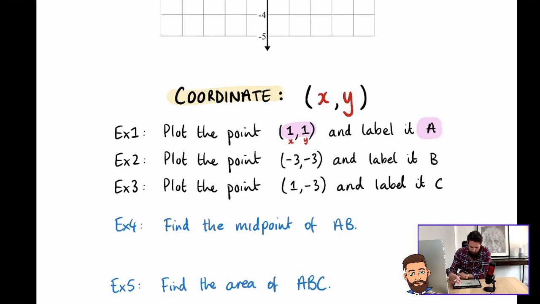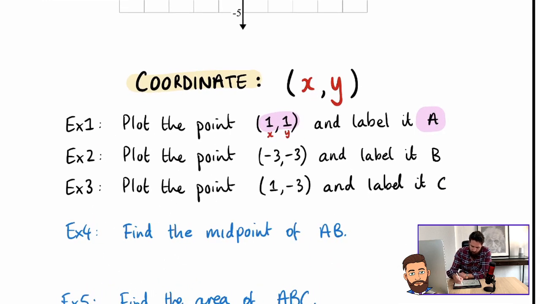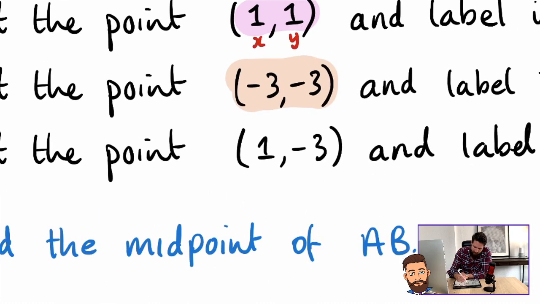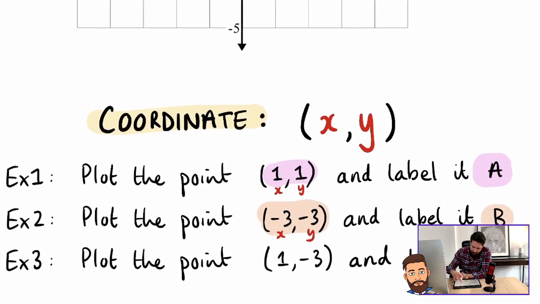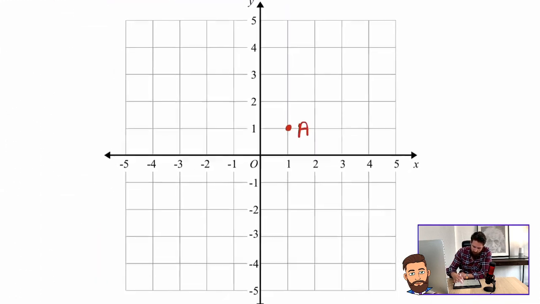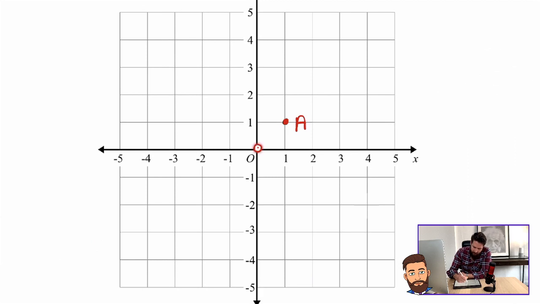Example 2 is asking us to plot -3, -3, and label it B. Remember, the first number represents the x, and the second number represents the y. If we look at our axes, we start at the origin, always. Starting at the center, we go across -3 to here, and then down -3 to here.